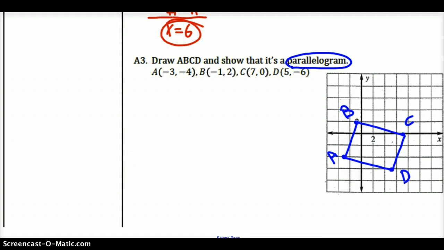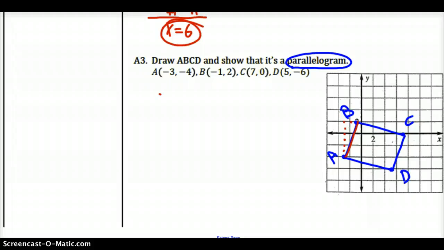And how to show that this is a parallelogram. We could use the distance formula to find all 4 sides and hope that opposite pairs are congruent. That will take some time, but probably a quicker way is to do slope, because slope is one way to find a parallel. So I'm going to find the slope here, which is up 6 and over 2.